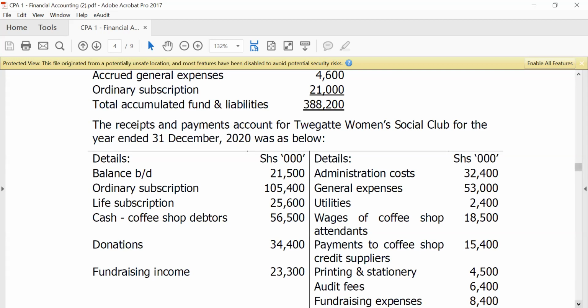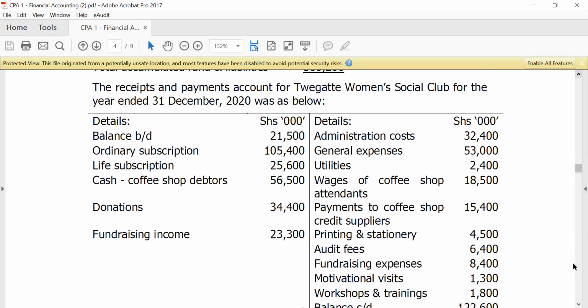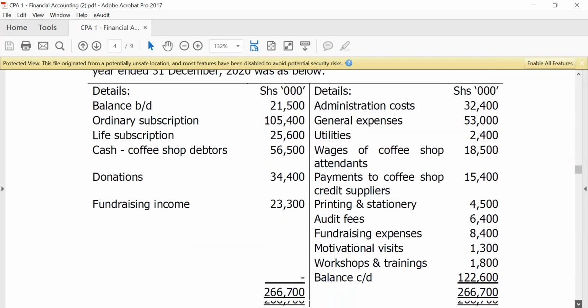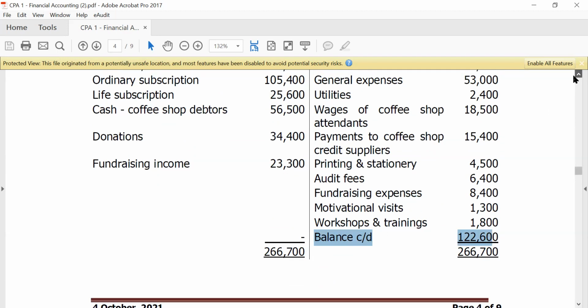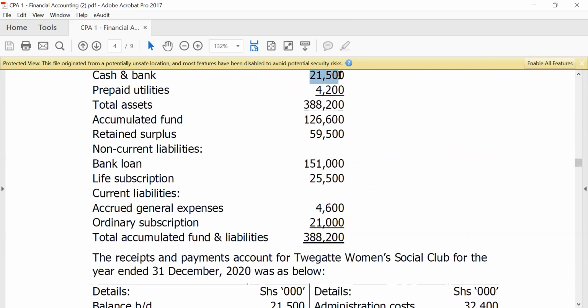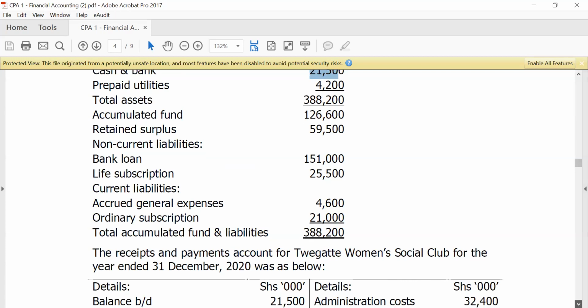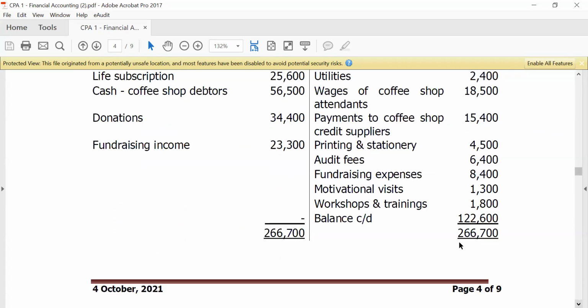Apart from this balance, you see these receipts and payments, it has a balance carried down. Now this balance carried down is supposed to be recorded as our cash and bank. Just as the cash and bank that was the opening balance here was the opening balance in the receipts and payments, even the balance here in the receipts and payments acts as our cash and bank.